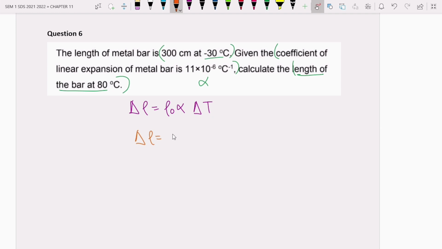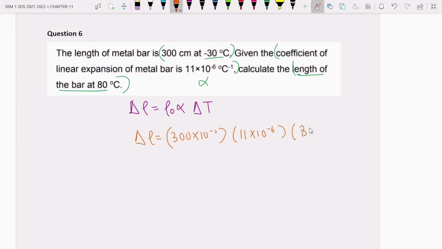The initial length given is 300 centimeters. Change it into meters, and then multiply by the coefficient of linear expansion, which is 11 times 10 to the power of negative 6, and also by the change in temperature.